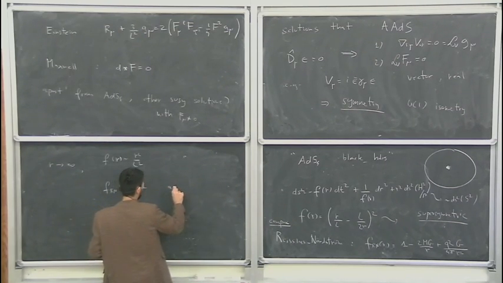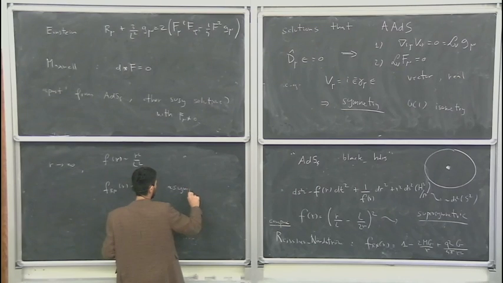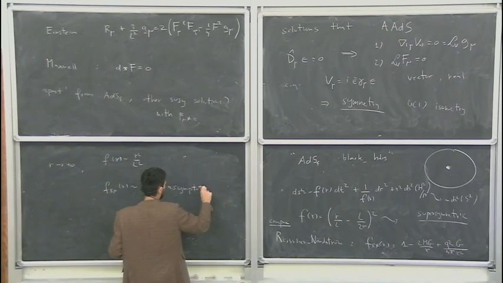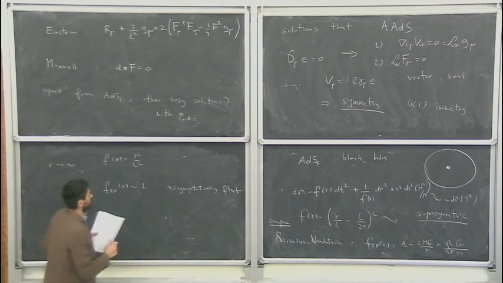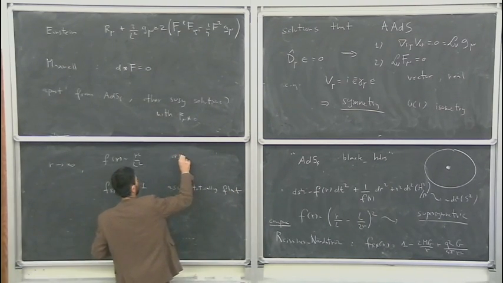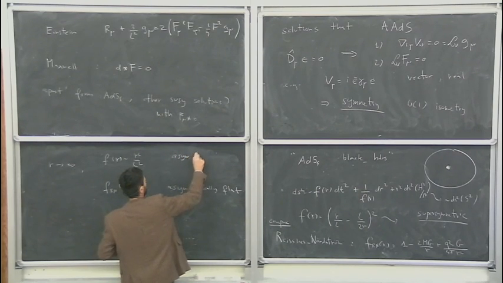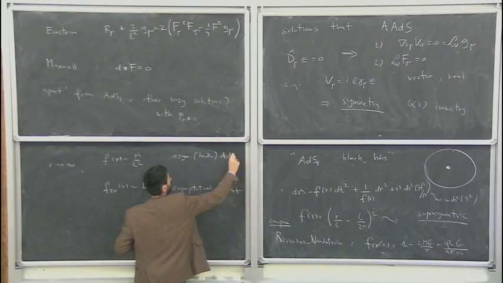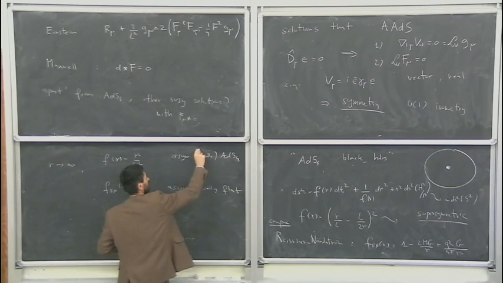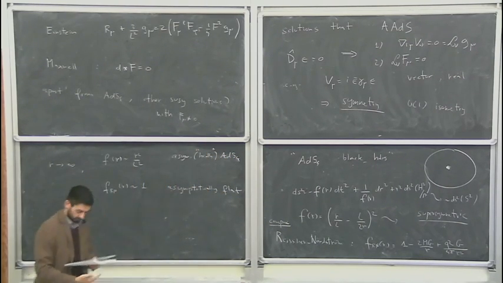So this is well known to be an asymptotically flat black hole, whereas this is an asymptotically locally AdS4. Locally, I'll put in quote marks because I don't want to define it.